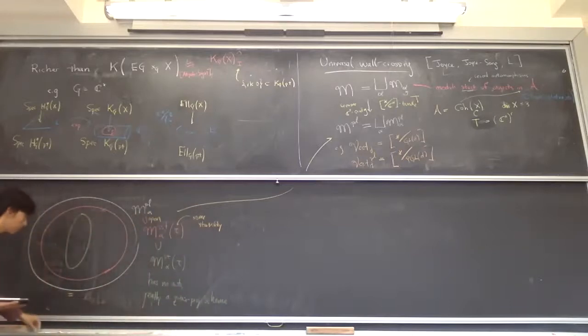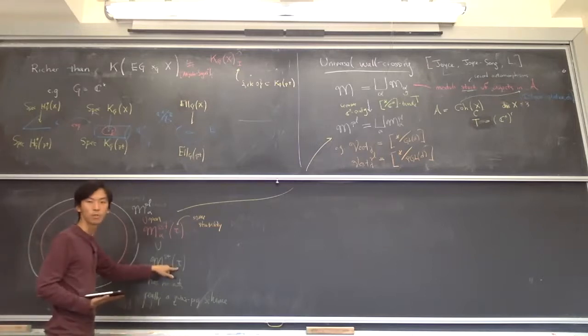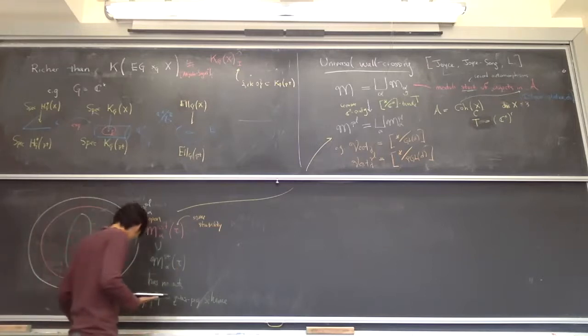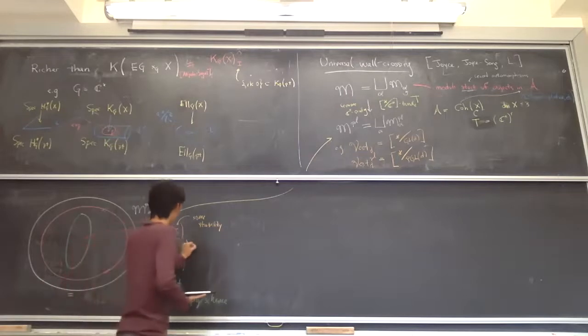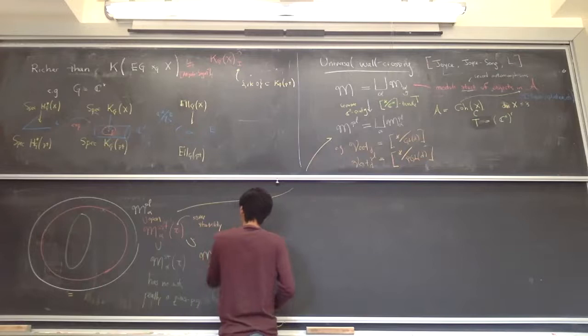And the fundamental question in wall crossing is what happens to this green circle as you vary your notion of stability tau. So you have other loci in here, which will be M stable alpha with respect to tau prime.